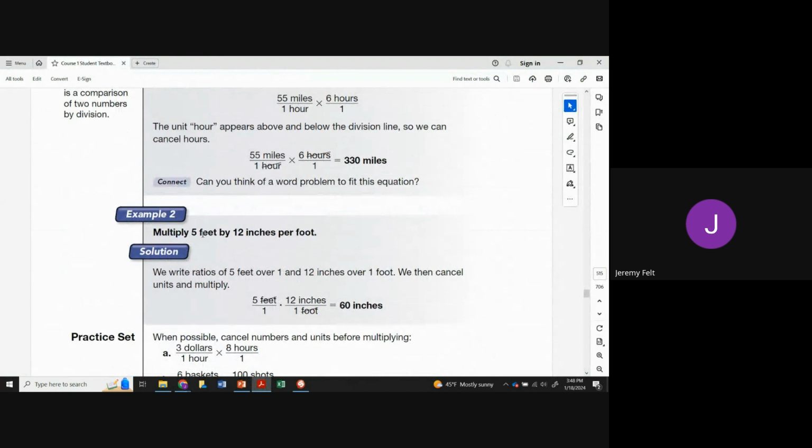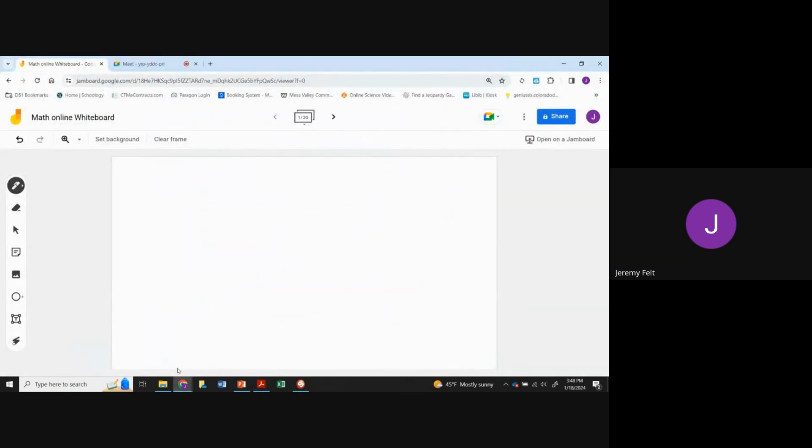Multiply 5 feet by 12 inches per foot. So basically, this is where we said we use unit multipliers. I'm going to convert 5 feet into inches. I'm going to use a unit multiplier. I know I want feet in the denominator because it's in the numerator right here, and I'm going to cancel it out. So 12 inches is equivalent to 1 foot.